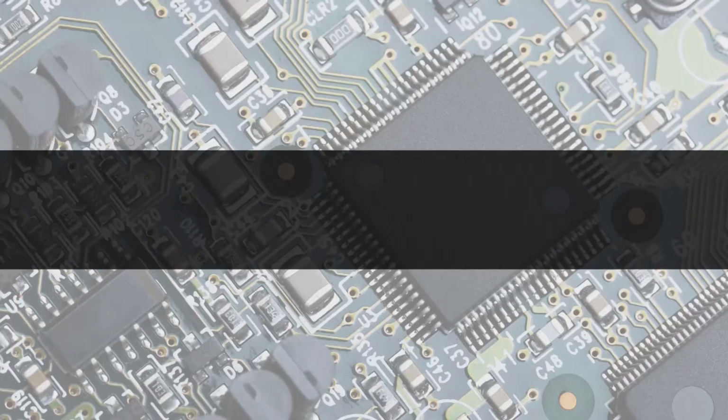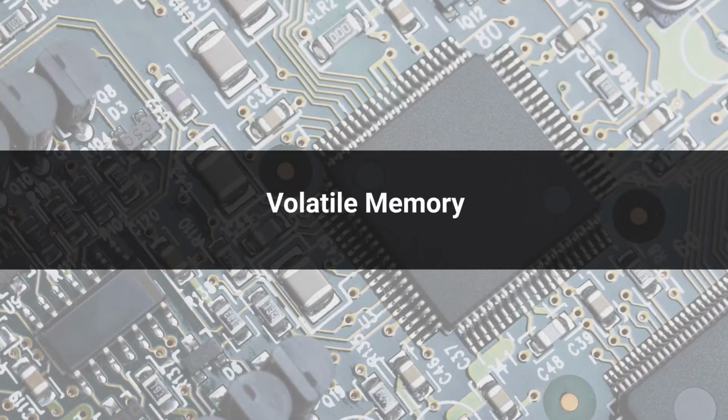They are very fast but small in number. They are also volatile in nature, so because of their volatility, they provide the information only as long as they have power supply.